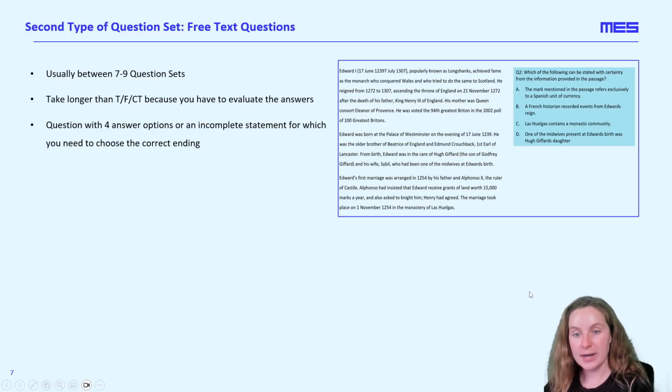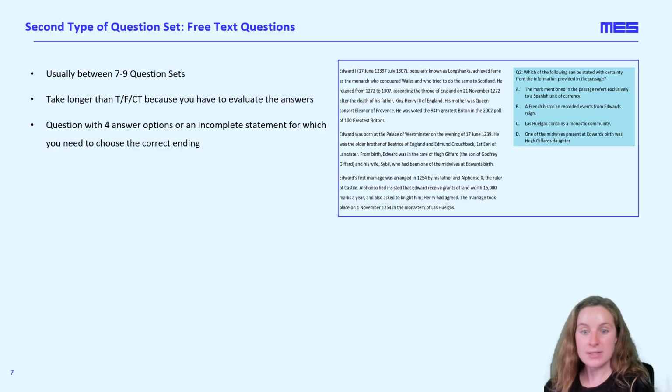As I've explained briefly already, the other type of questions is the free text questions, usually between 7 and 9 question sets. They take longer than the true, false and can't tell questions, because you have to read not only the question but also each option and work through the process of elimination to find the correct answer.